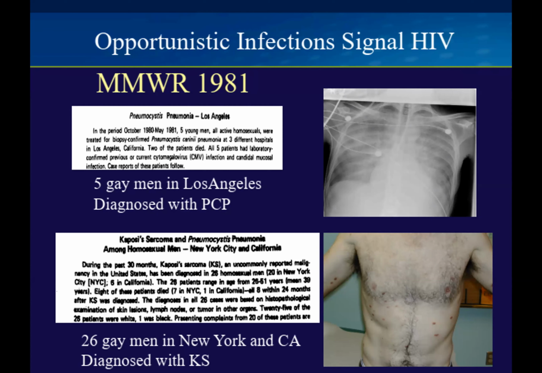So there was a surge in that as well. 26 gay men were admitted in New York with Kaposi sarcoma. That was an alarming sign of some kind of immune suppression in these patients, because of all these infections and sarcomas, which otherwise do not happen in immunocompetent persons.